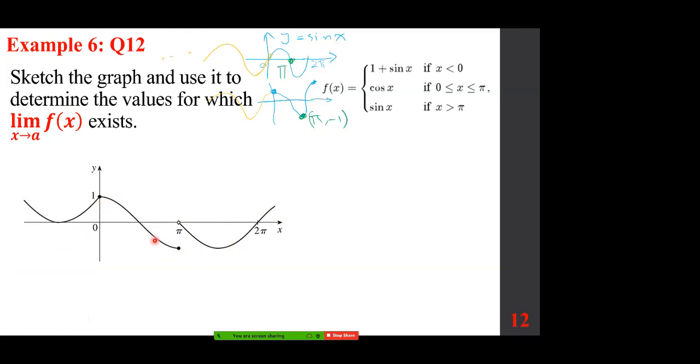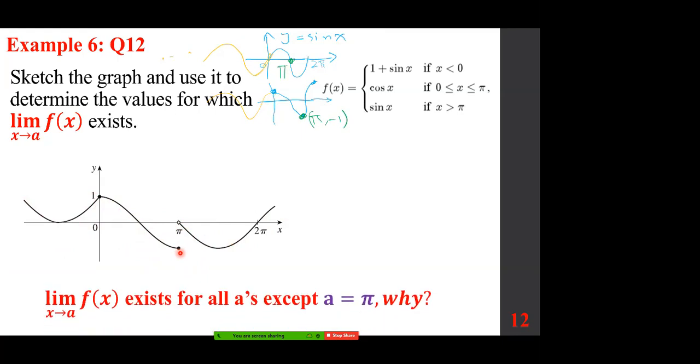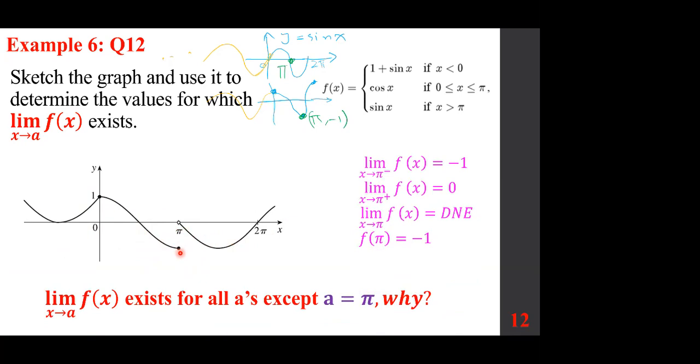From the left side, the limit as x approaches pi from the left is the y coordinate here, which is negative 1. From the right it is 0, so the limit doesn't exist. And f of pi, because this is solid, is negative 1. So the limit exists everywhere except at a equals pi, and here's the reason, everybody.